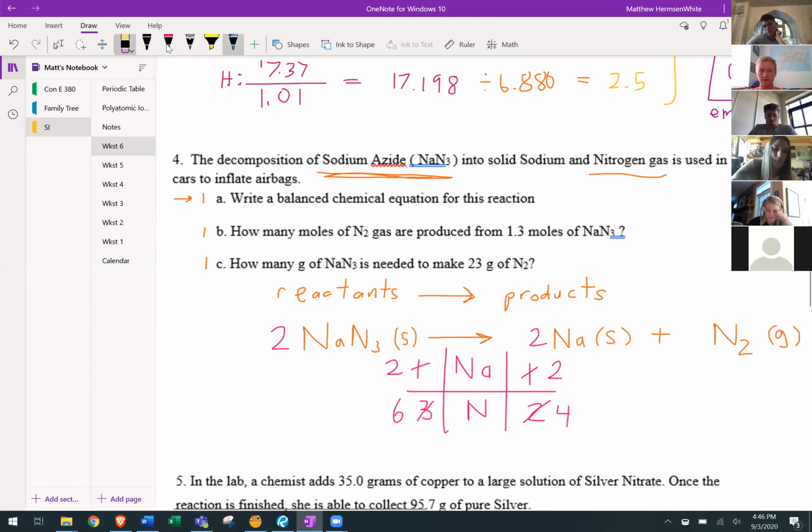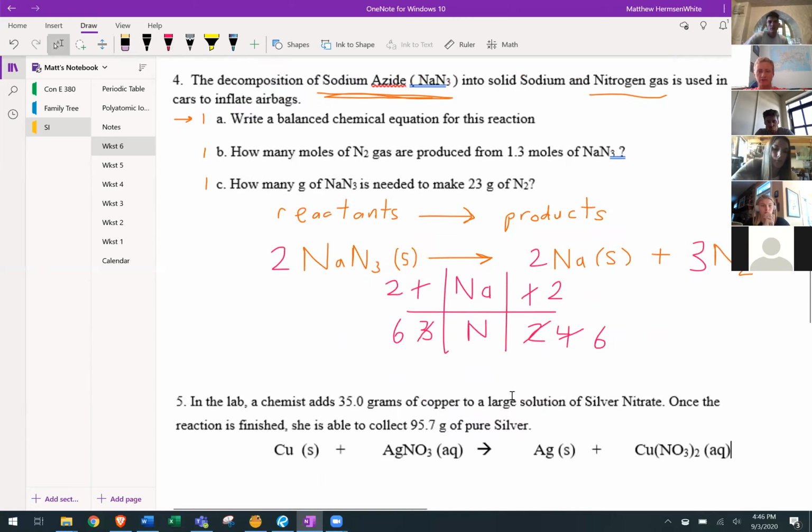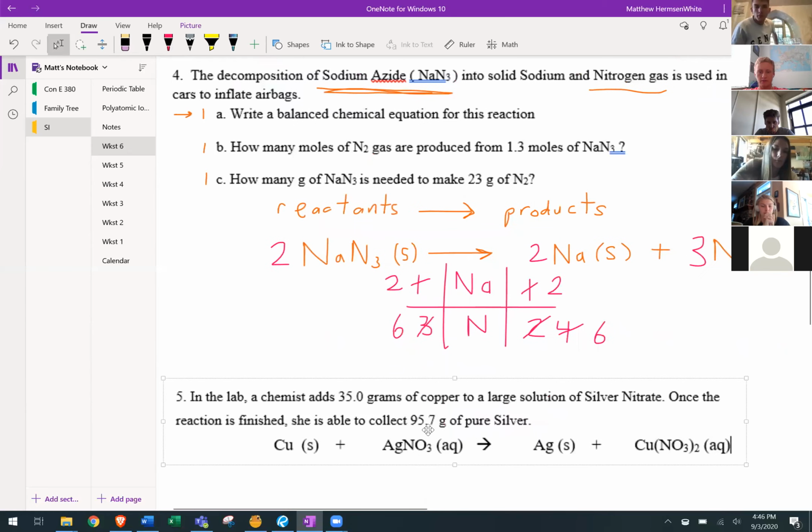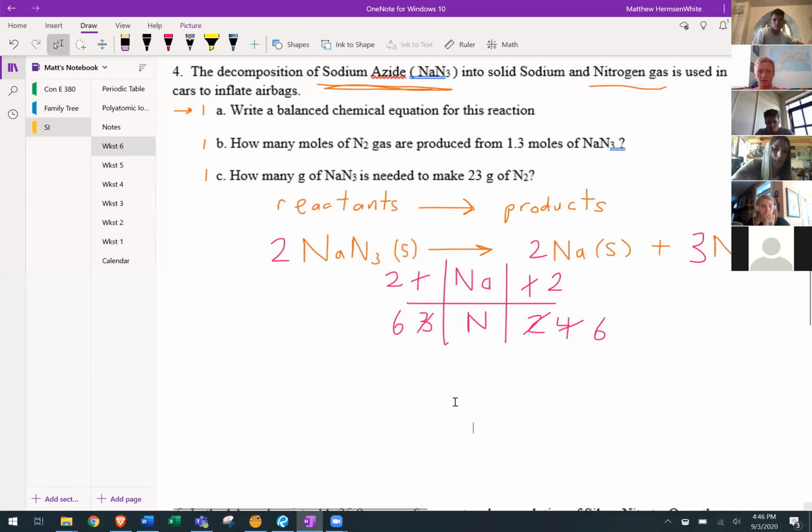So if I put a 3 here, we get 6 nitrogens. So now we have the same number of atoms on both sides. So this was part A. So now we have a balanced reaction.